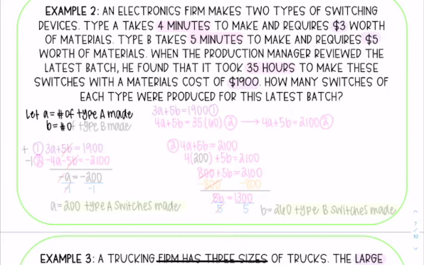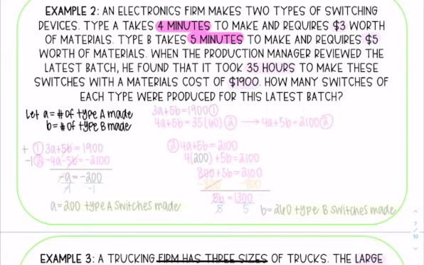So we have 2 different things that are being talked about in here. We have the amount of money, and then we also have the time. And so money has to go with money, and time has to go with time. We can't mix these two because they are 2 very different things. So talking about type A takes 4 minutes, and type B takes 5 minutes.